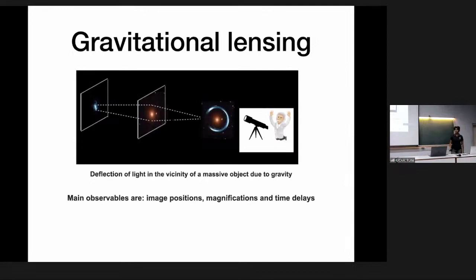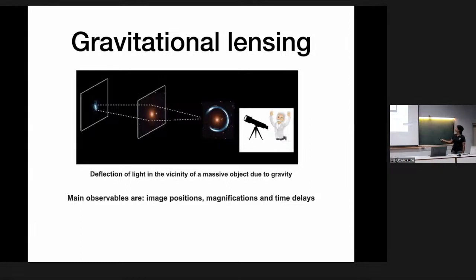So in strong gravitational lensing, what we usually see is that there is a source far away in the distant universe, and the light rays coming from the source on their way to the observer can get deflected into multiple directions because of the presence of a massive object in the line of sight, which could be a galaxy or a cluster of galaxies, and the observer will see something like this in the sky.